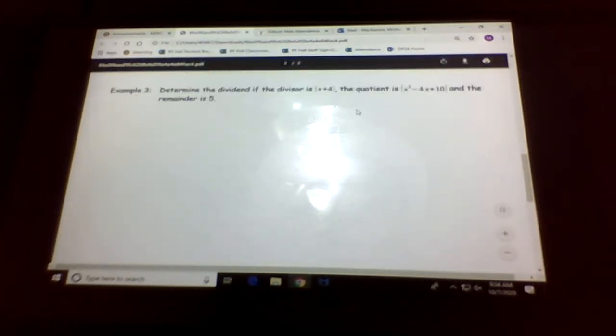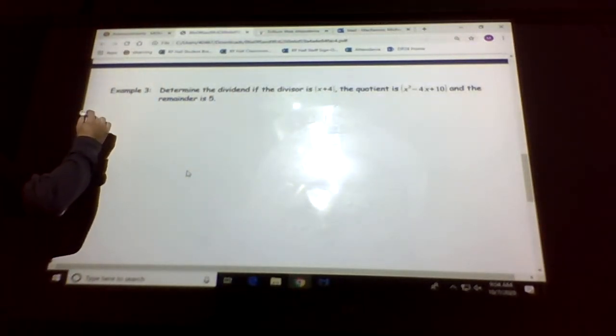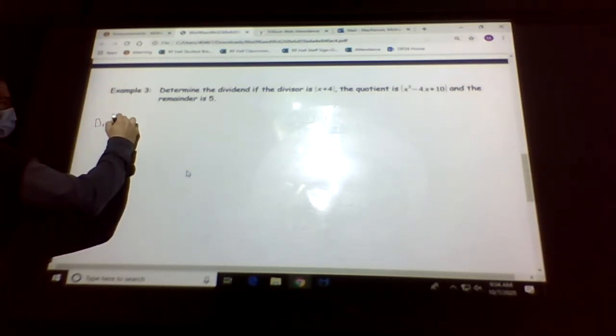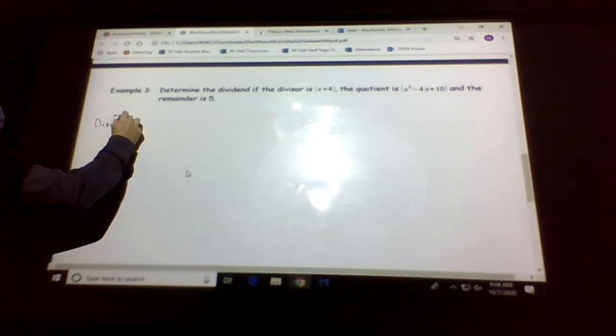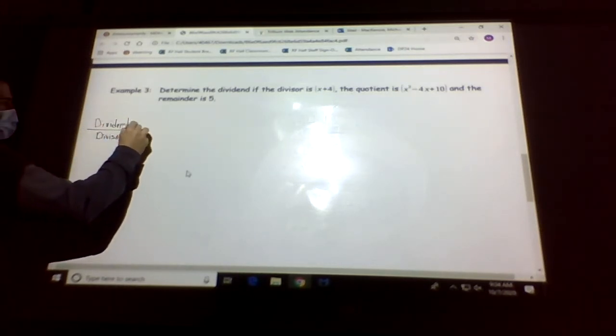Okay, a last question. Determine the dividend if the divisor is x plus 4 and the quotient is that. Just to rearrange it: the dividend divided by the divisor gives you the quotient.